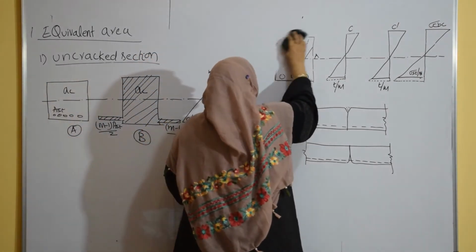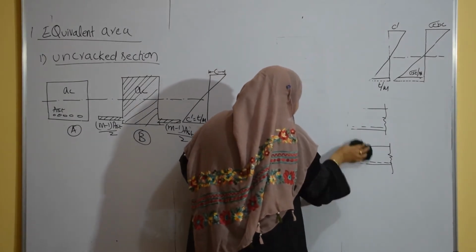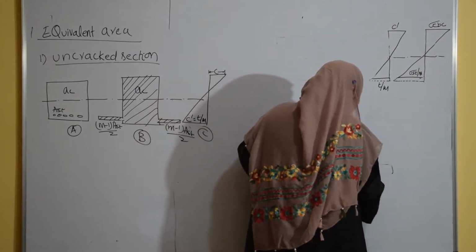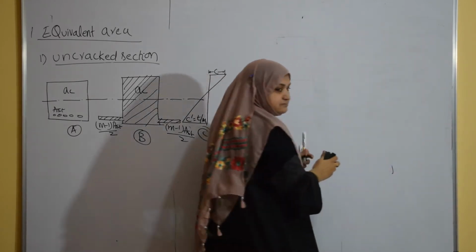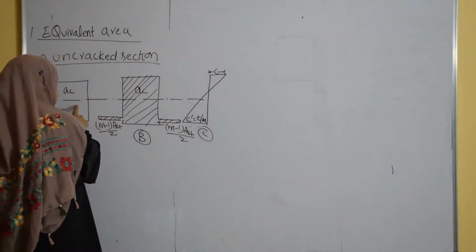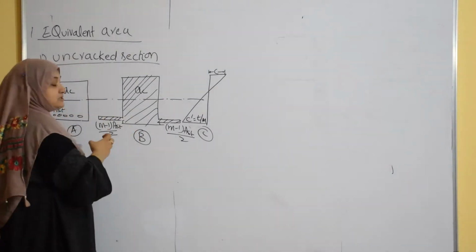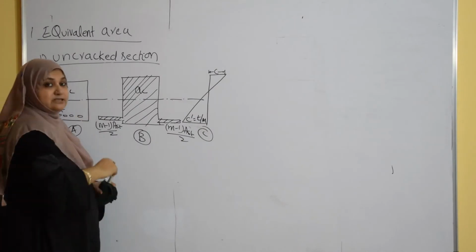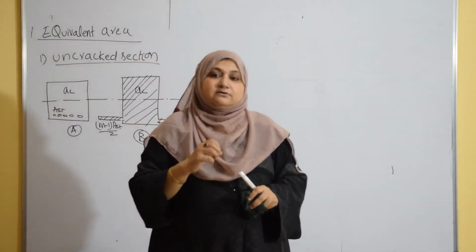Just now I said that when the loads are small, the tensile stresses in the concrete in the tension zone are less than the permissible. I am talking about tension because steel is in the tension zone. So when the tensile stresses in the concrete are less than permissible, the concrete will not crack.